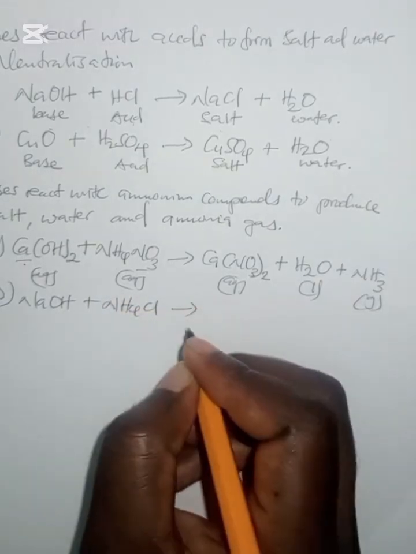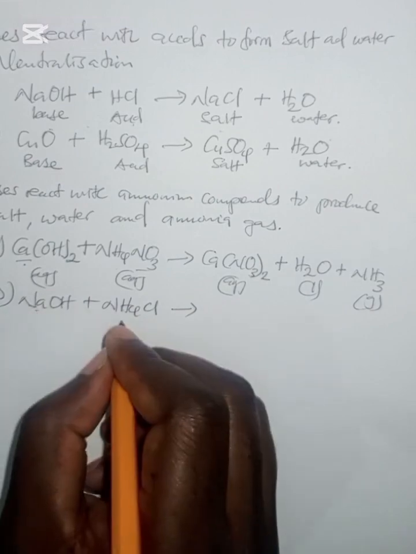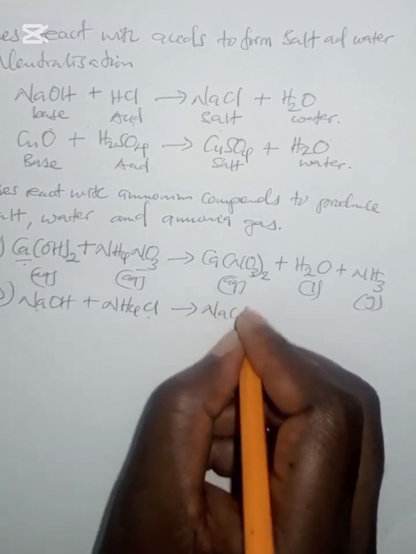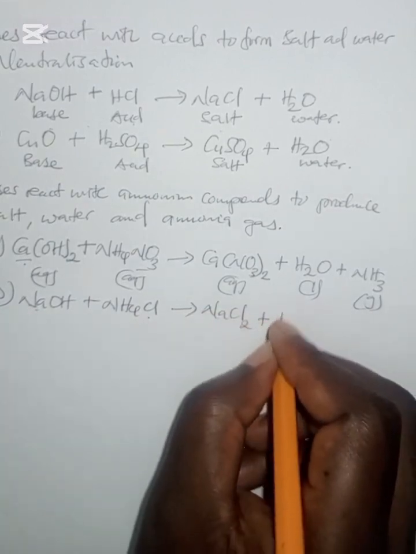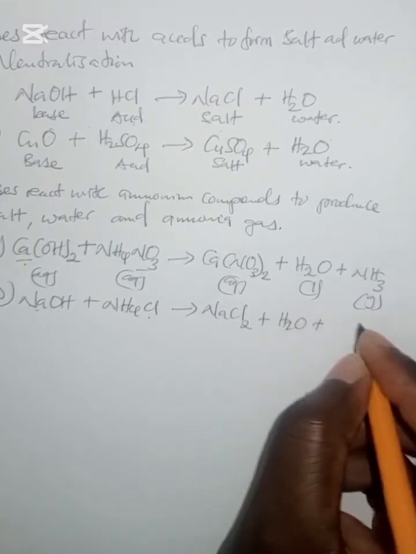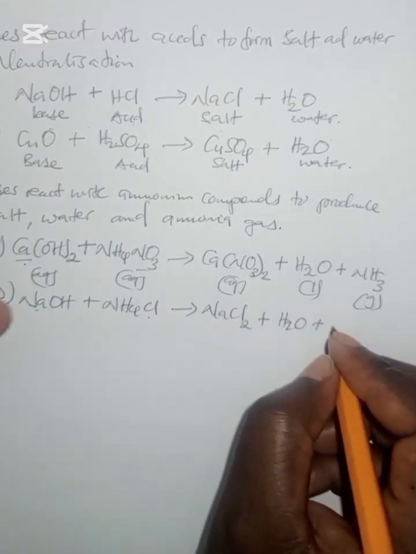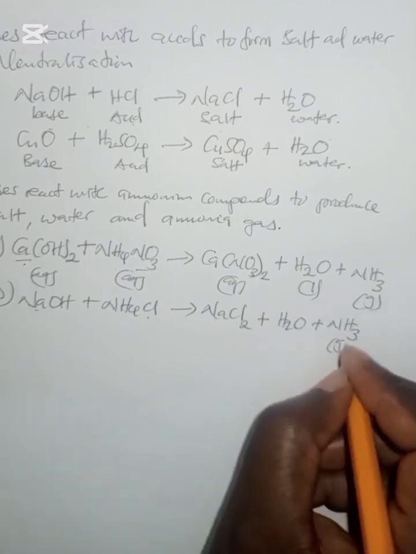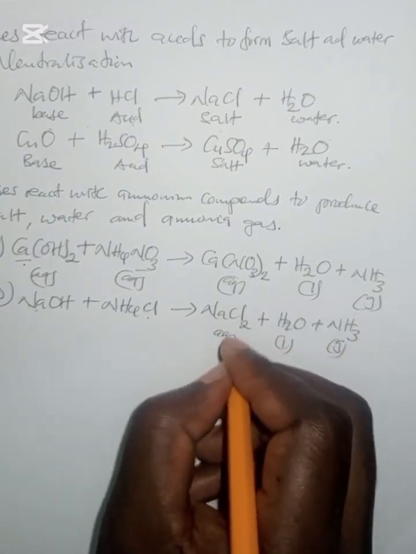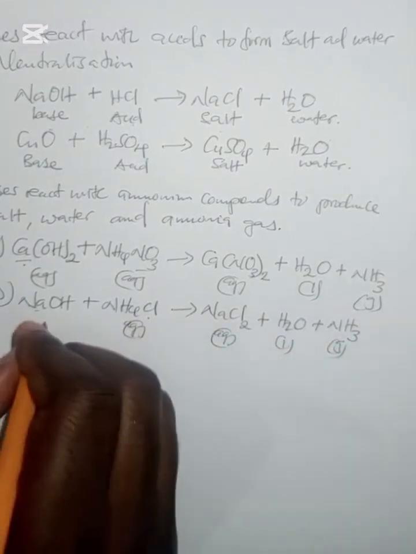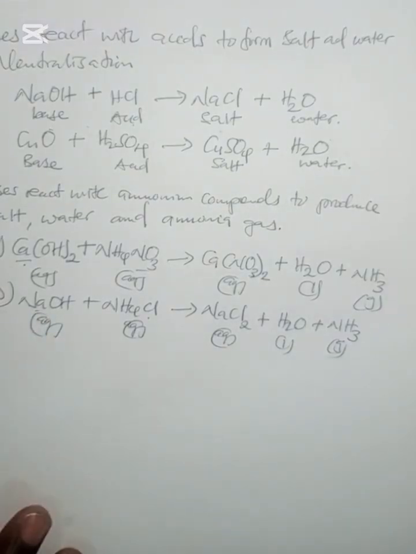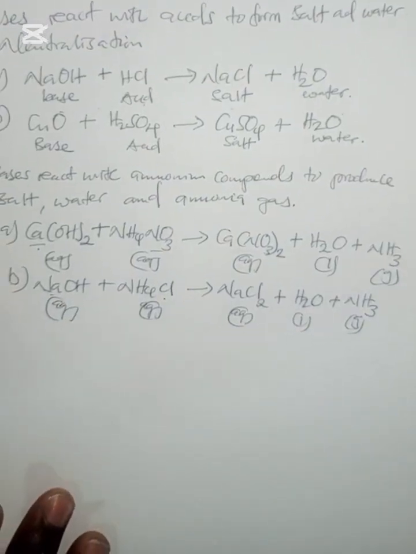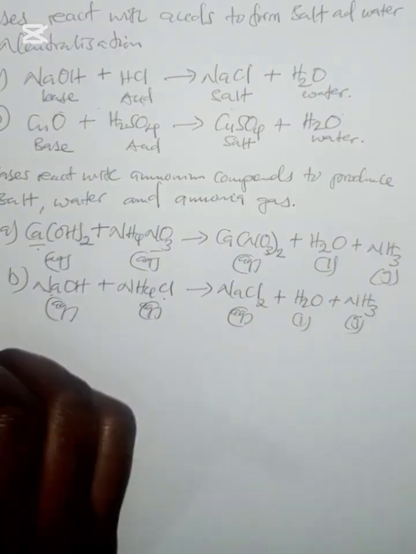So this is going to give us sodium chloride, which is a salt, plus water, plus ammonia, still gas, liquid, aqueous, and aqueous. So that is also another property.